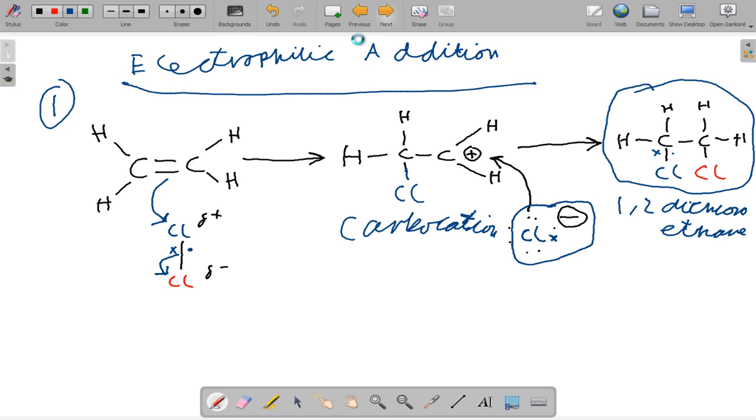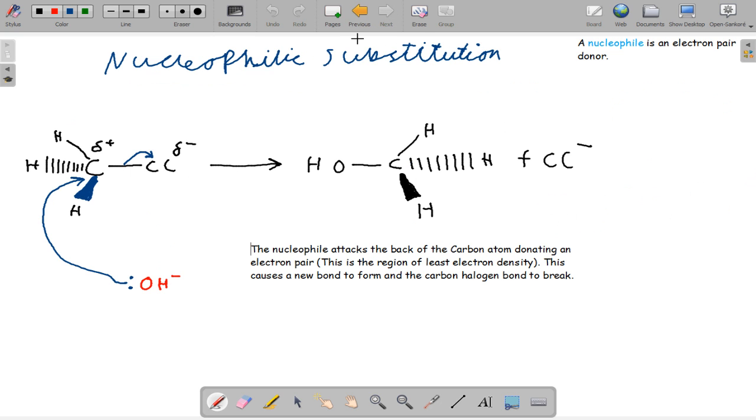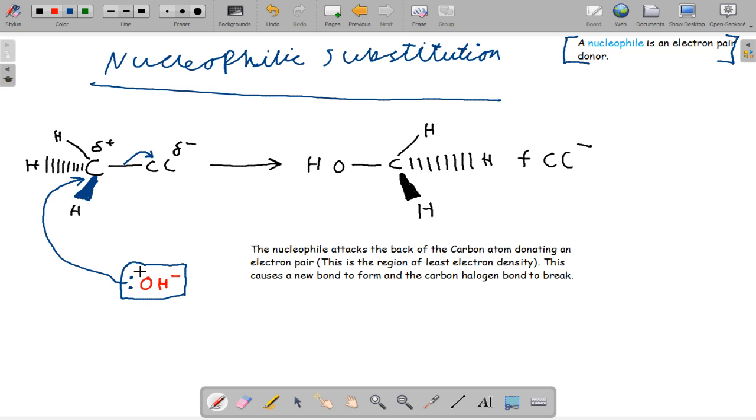And we look at the third and final reaction mechanism now, nucleophilic substitution, in which a nucleophile becomes an electron pair donor. So this is a nucleophile, an OH- ion.